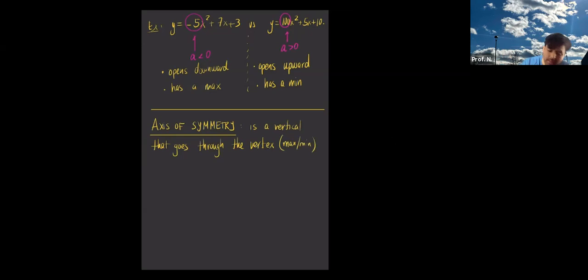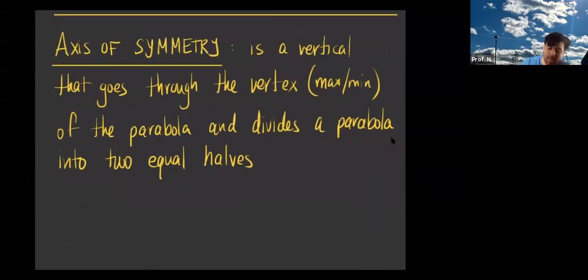It goes through the vertex of the parabola and divides a parabola into two equal parts, or halves, I should say. That's the axis of symmetry.